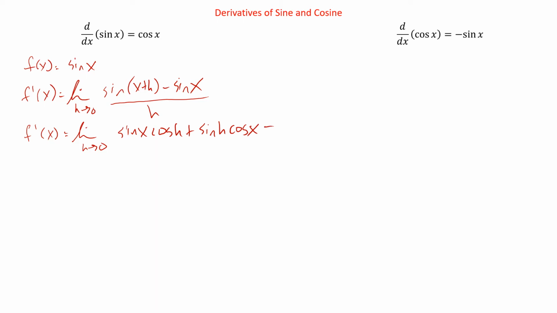And then we have this minus sine x still in the equation over h. So that again is the sine addition property.